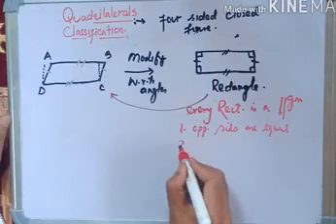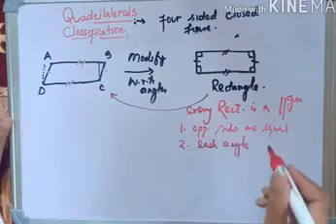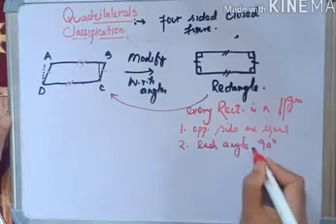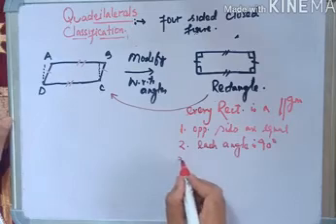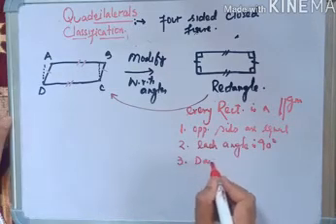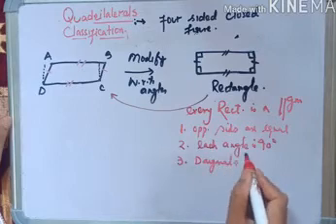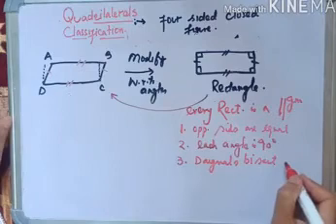Number second, each angle is 90 degrees, or we can say all the angles are equal. And third property is diagonals bisect each other, which is also observed in the parallelogram.